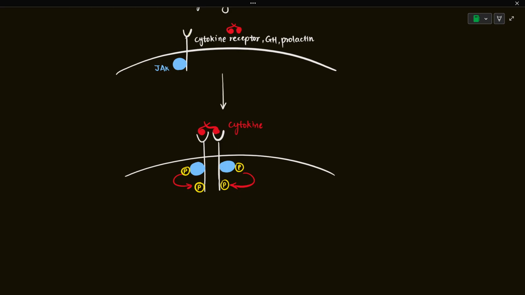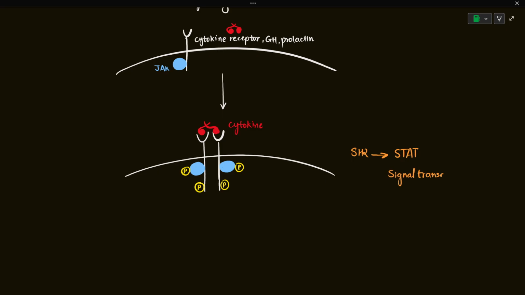Due to the Janus kinase, to those phosphotyrosine residues, the SH2 domain containing proteins can now bind. Which proteins are SH2 domain containing proteins? The proteins which have an SH2 domain and which are going to bind to these JAK associated receptors are known as STAT.